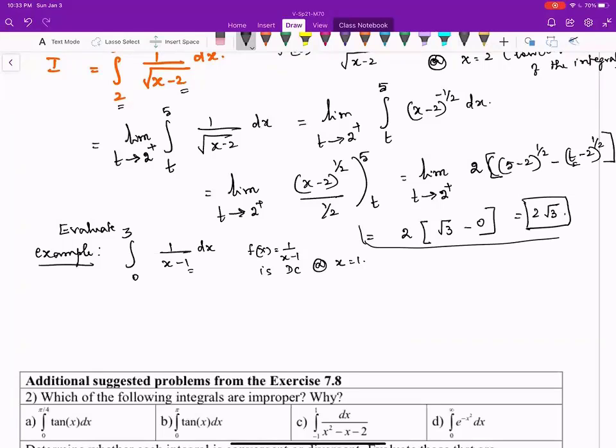X equal to 1 occurs between the limits of the integral, which is between 0 and 3. So this integral is improper integral type 2.